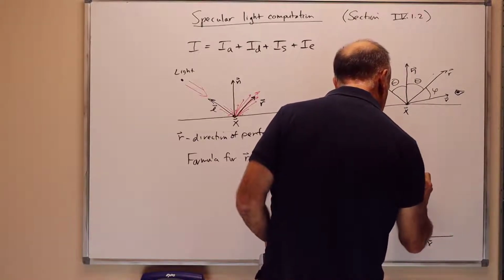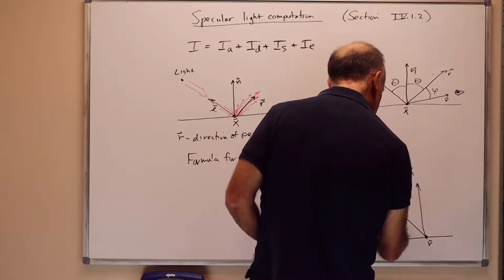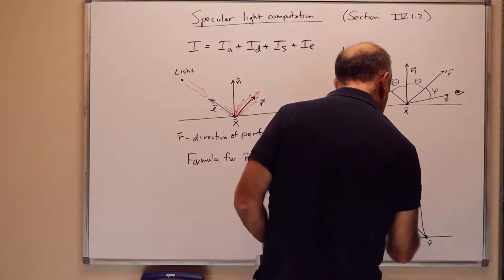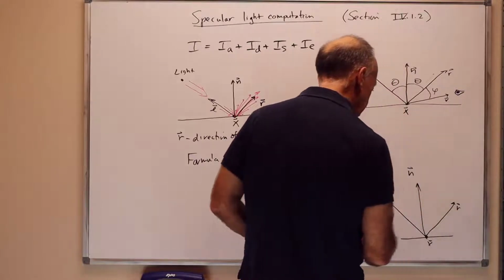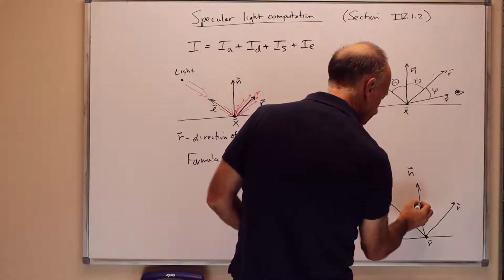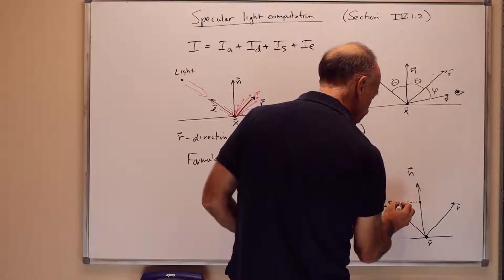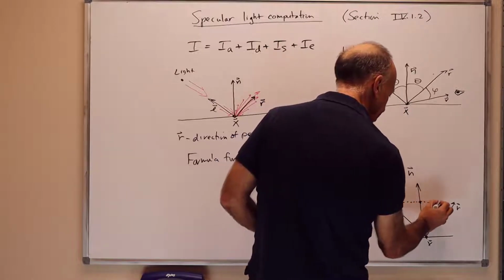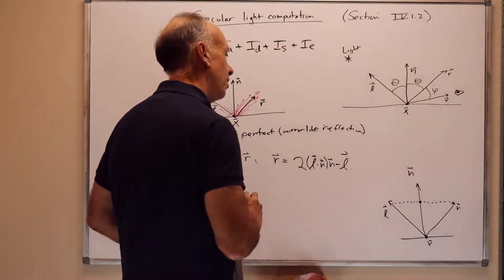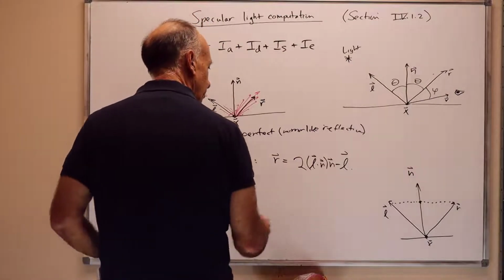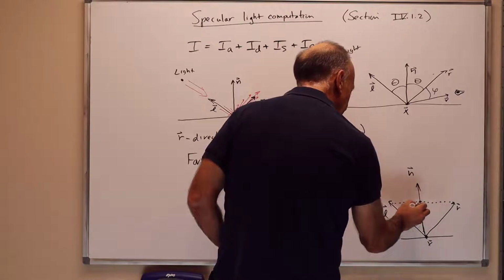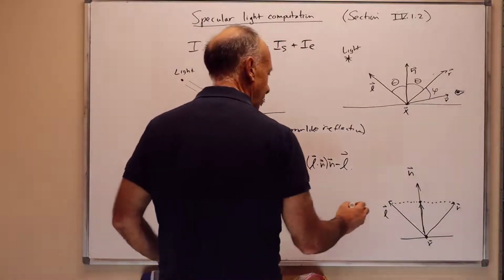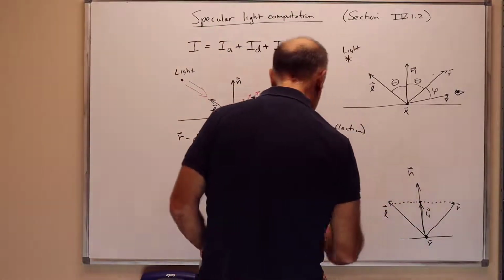Here's N, here's L, here's R. And let's consider the projection of L onto N. By symmetry, that will also be the projection of R onto N. This vector here is the projection of L onto N, and I'll give that a name, U, just for the moment.